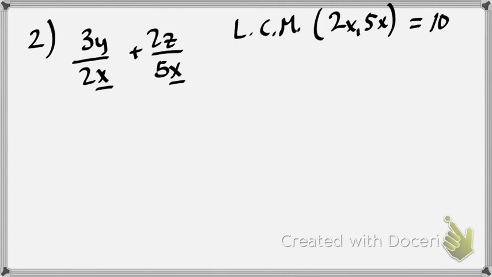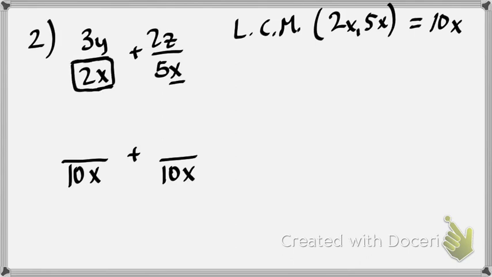Since they already have the x in common, we're just going to say the LCM is 10x. All right, so again, we're going to change these to 10x. And then just ask ourselves, I have 2x here. How do I change that 2x into 10x? And the answer is I'm going to multiply that by 5.